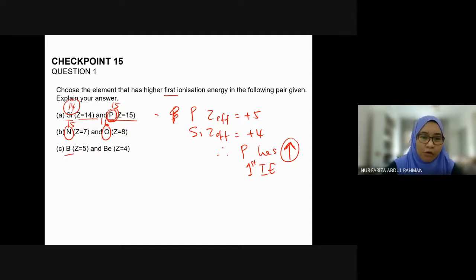Boron and beryllium are also anomalies, because this is group 13 and this is group 2. So you have to mention it in terms of orbital diagram stability, orbital stability. I advise you to draw and then compare, and then label.